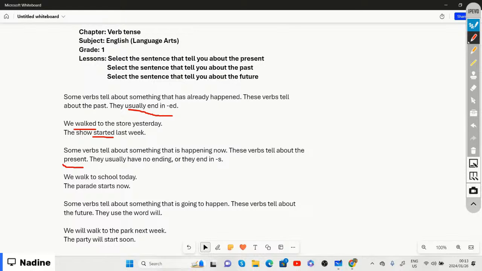If you look at examples, it says, we walk to school today. So we walk to school today, which means that our verb, or the action that is taking place now in the present, is walk.